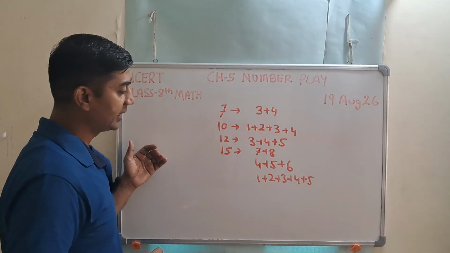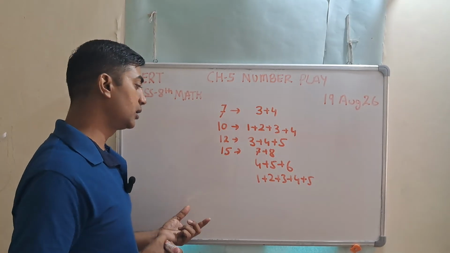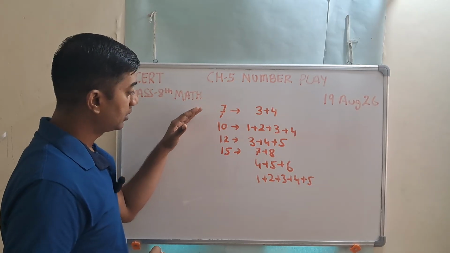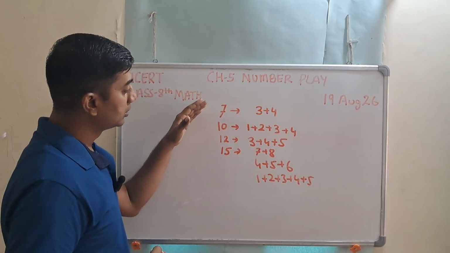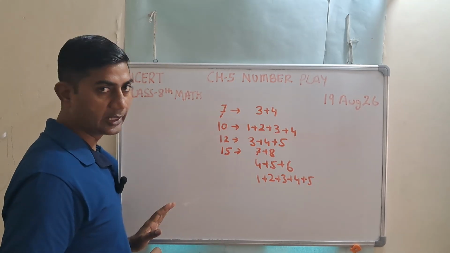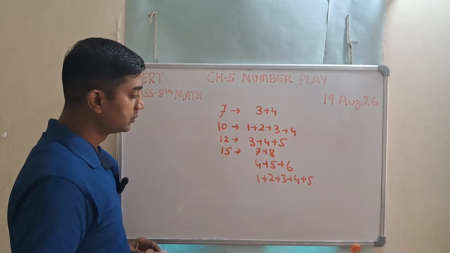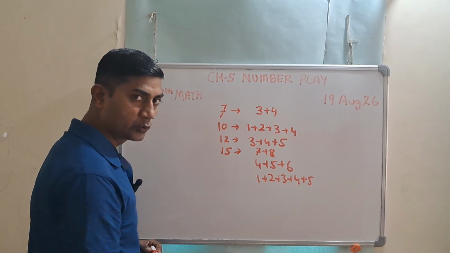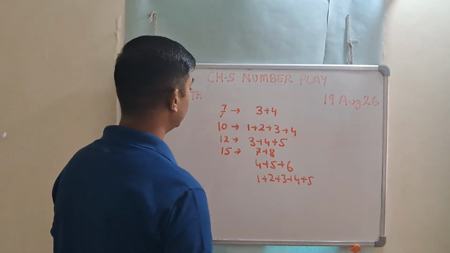Understood? I can explain that conclusion to you directly, but the chapter requires you to pass through a journey, which I am helping you to pass through, to reach that conclusion.